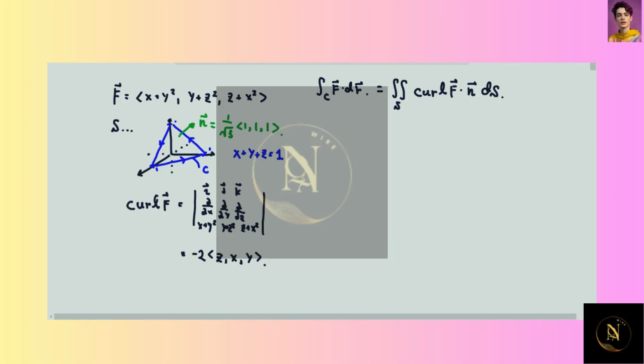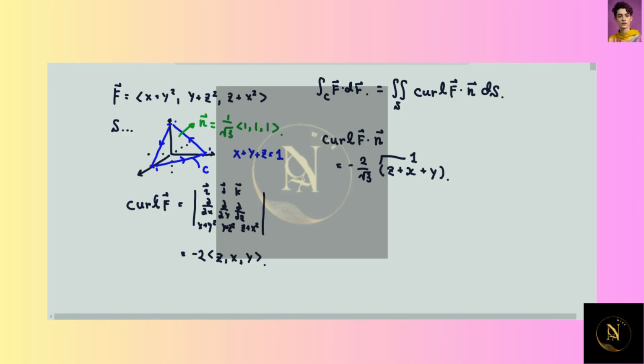Okay, so when we do curl F dot n, what really happens here is that you will get negative 2 over square root of 3, and then you will have z + x + y. But what we know about the plane here is that, although we have it in a different order, x + y + z is equal to 1.